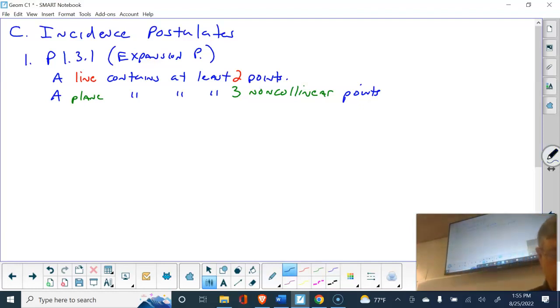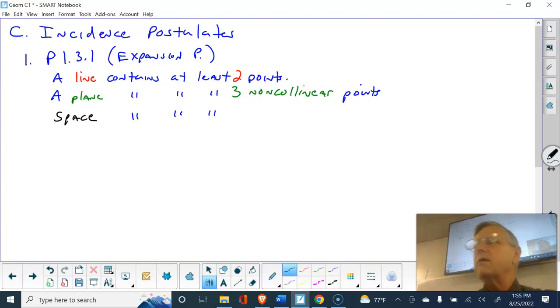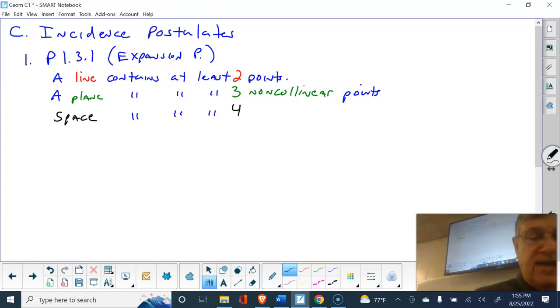And then finally, black, space. And then dittos contains at least. And what do you think space is going to be? How many points? No, at least, right? Because a line has an infinite number of points, but a line is at least 2, a plane is at least 3, and space is at least 4.